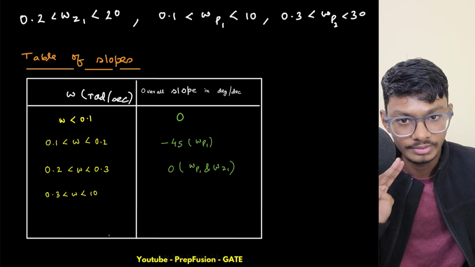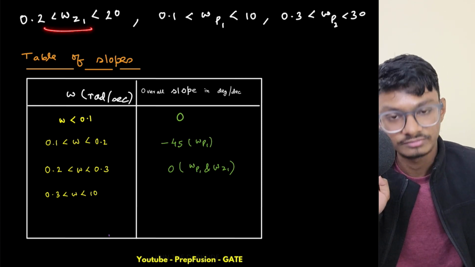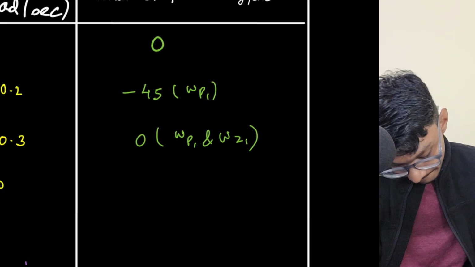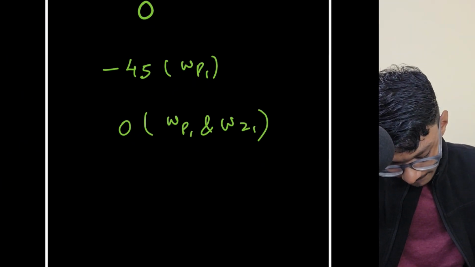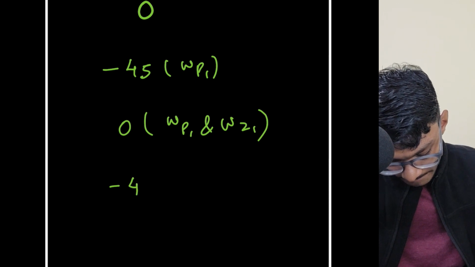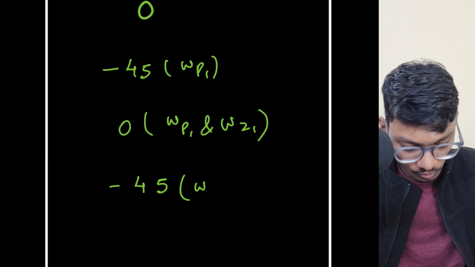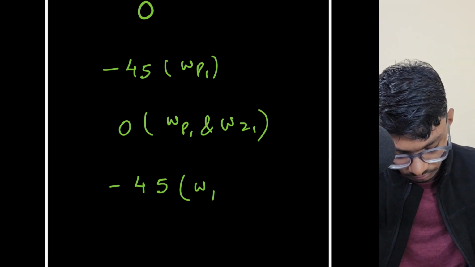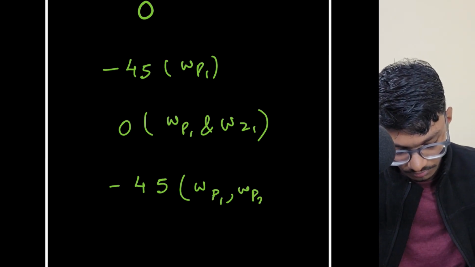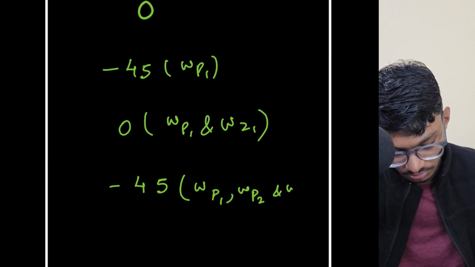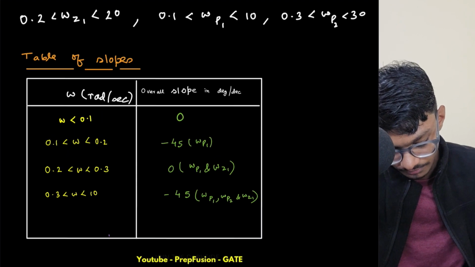What will my angle be? The slope will be minus 45, because plus 45 minus 45 is 0, minus 45. So overall I will get minus 45. Omega P1, omega P2, and omega Z1.